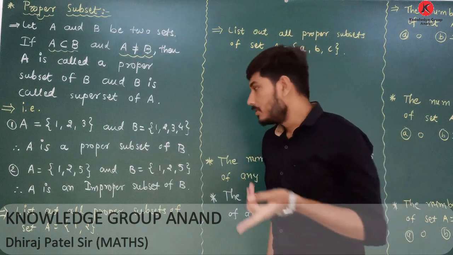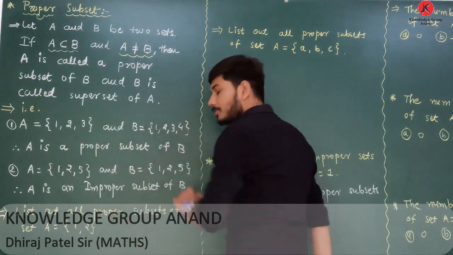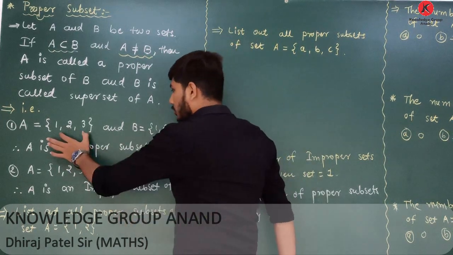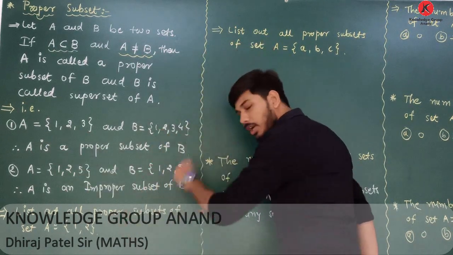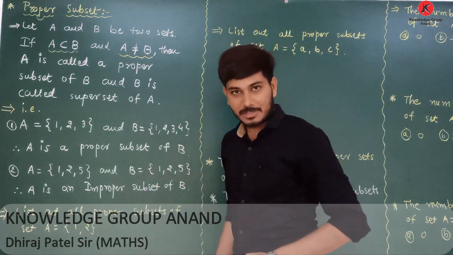Is it clear? Now, check whether A equals B or not. See here, A equals {1, 2, 3} and B equals {1, 2, 3, 4}, which are not equal sets.